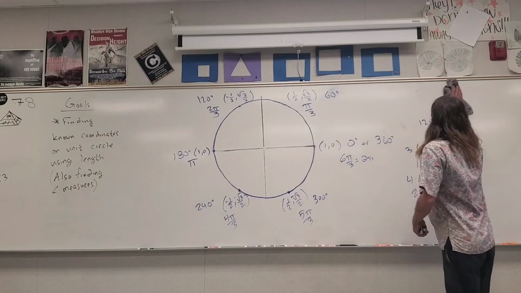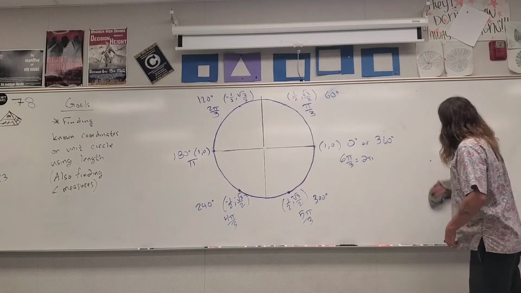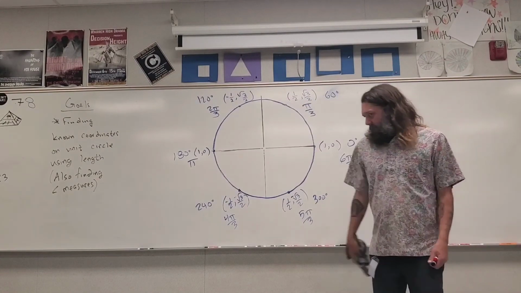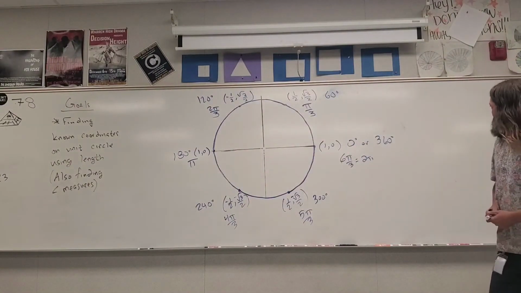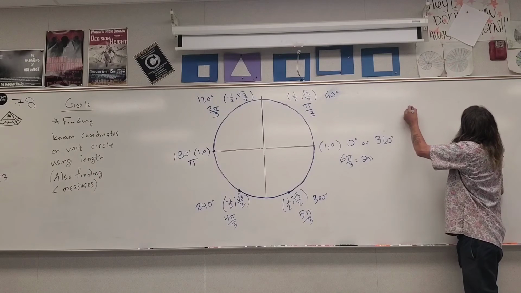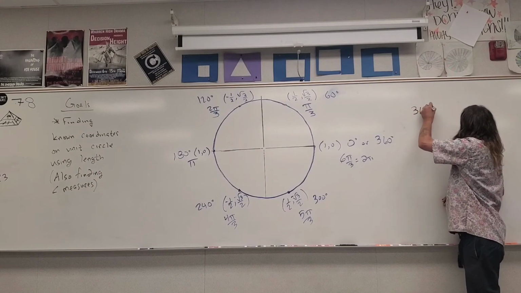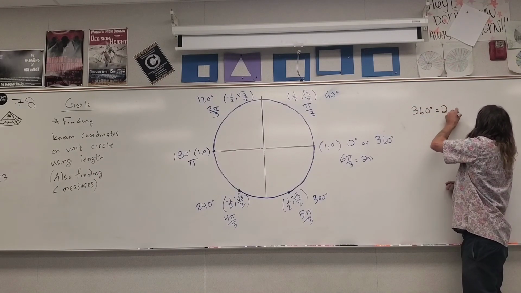So your next assignment that you guys are going to be asked to do, it's not very difficult, is we're going to use our original equation of 360 degrees equal to 2 pi.